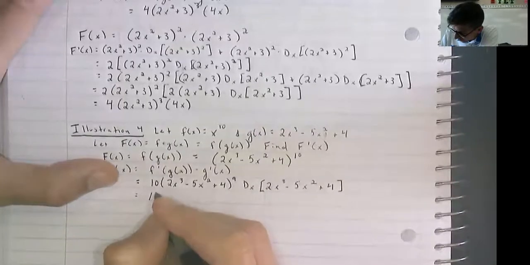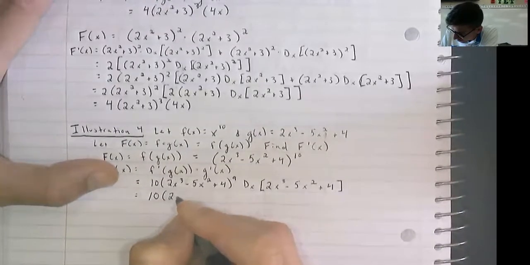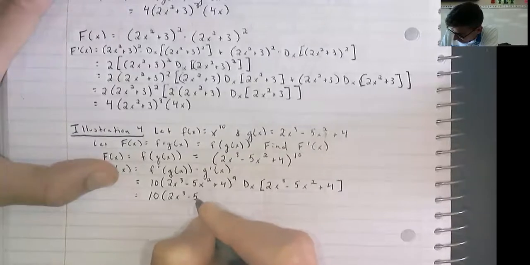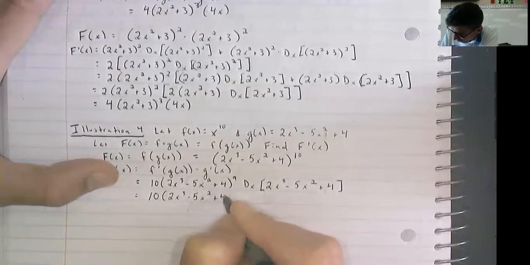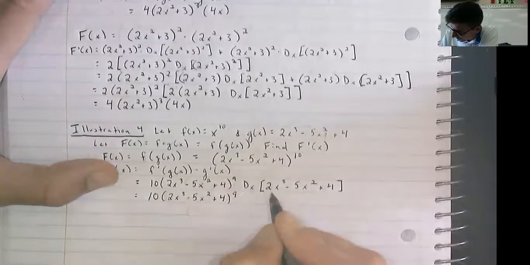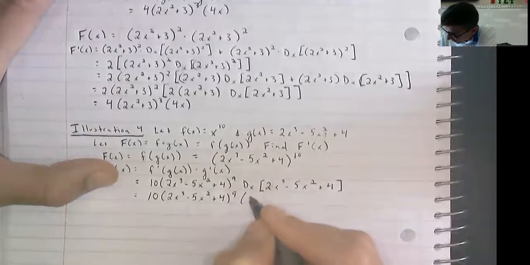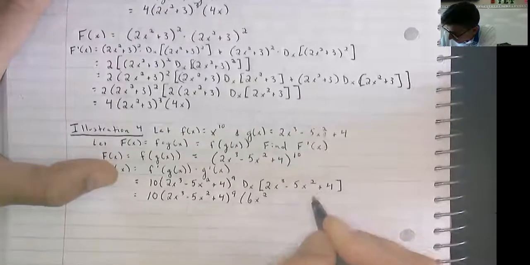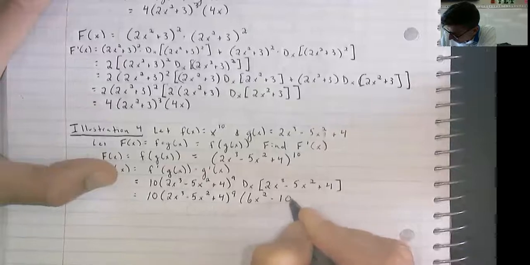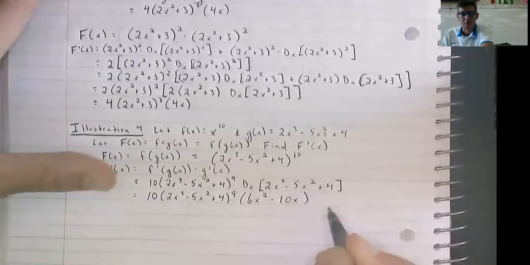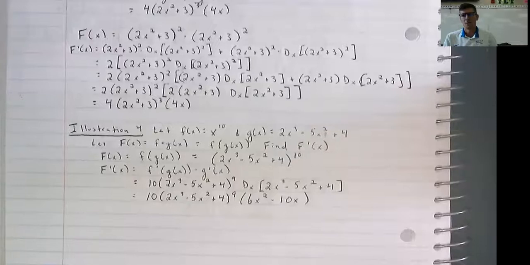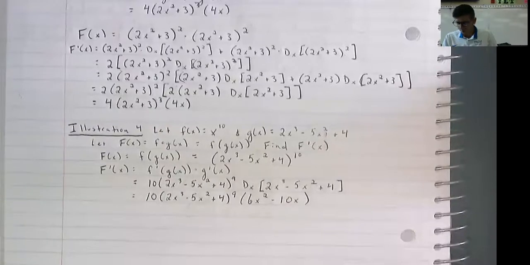And then simply taking that derivative, 10 times 2x cubed minus 5x squared plus 4 to the 9th. The derivative of this guy is 6x squared minus 10x, and we're done. Oh, so easy. So stoked. The most stoked we've been all day, maybe.